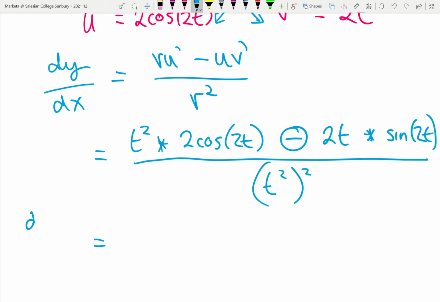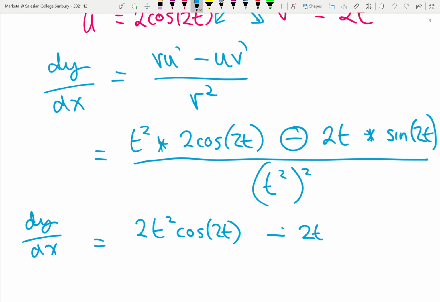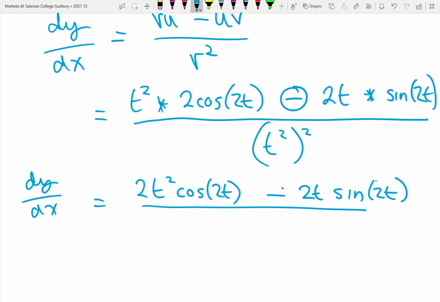So let's neaten this up. We have 2t squared cos 2t minus 2t sine 2t, and that's over t to the power of 4.